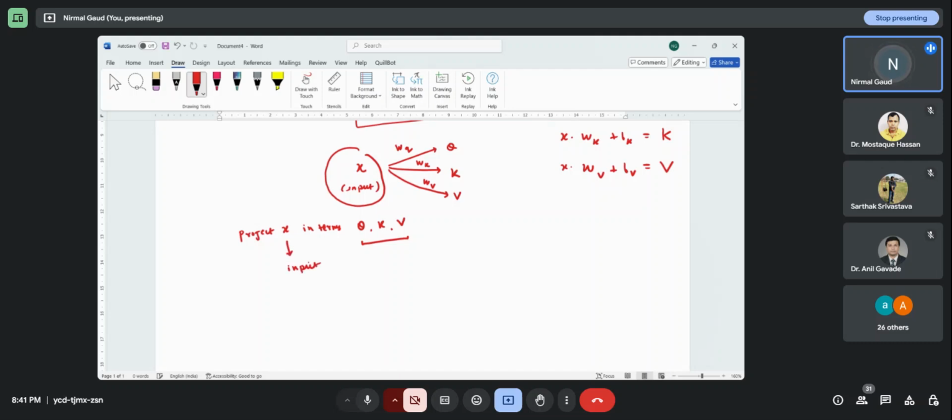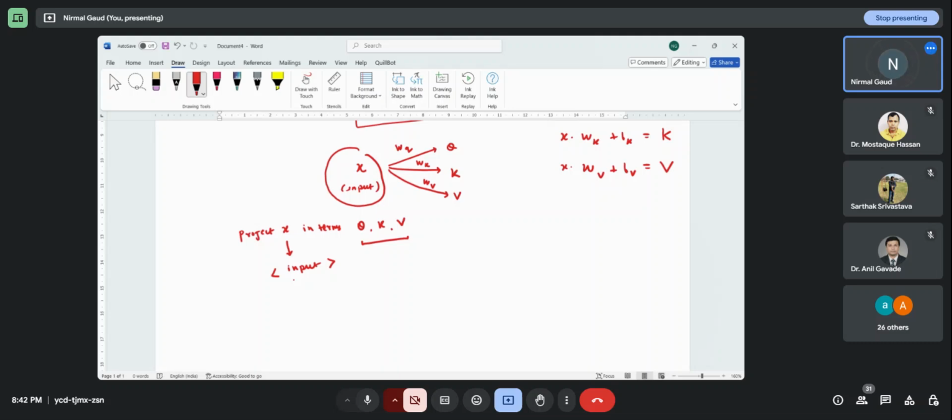I need to find what is important in this input. In order to find what is good in what is available, I am dividing my input, projecting it in the form of three components Q, K, and V.